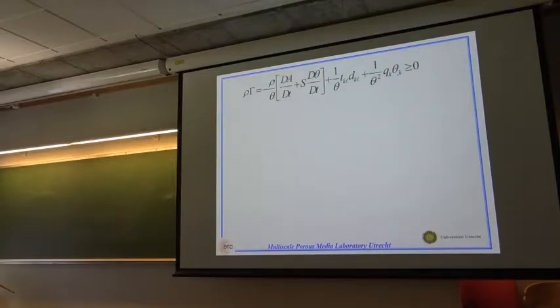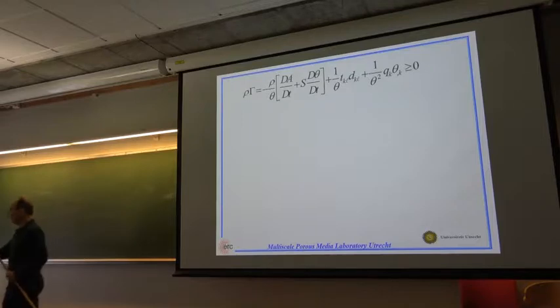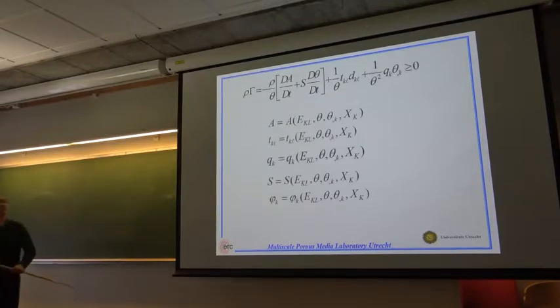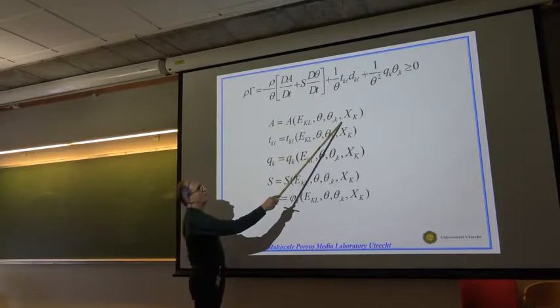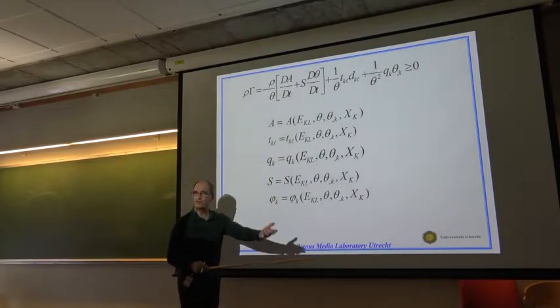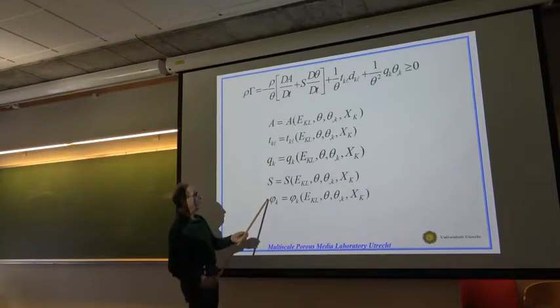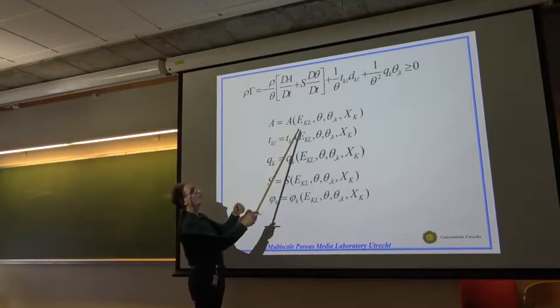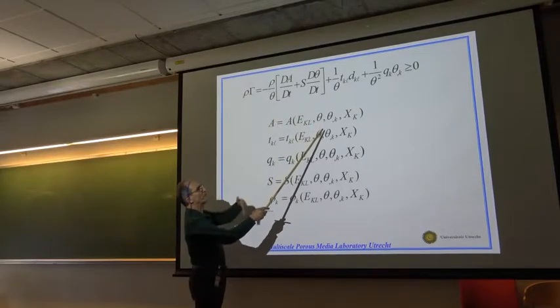So now I have this entropy inequality and I have these constitutive equations. Remember, I came to these constitutive equations from a very general description, saying that my effects are functionals of motion, the gradient of motion, the temperature, gradient of temperature, time rate of change of motion, and so forth.